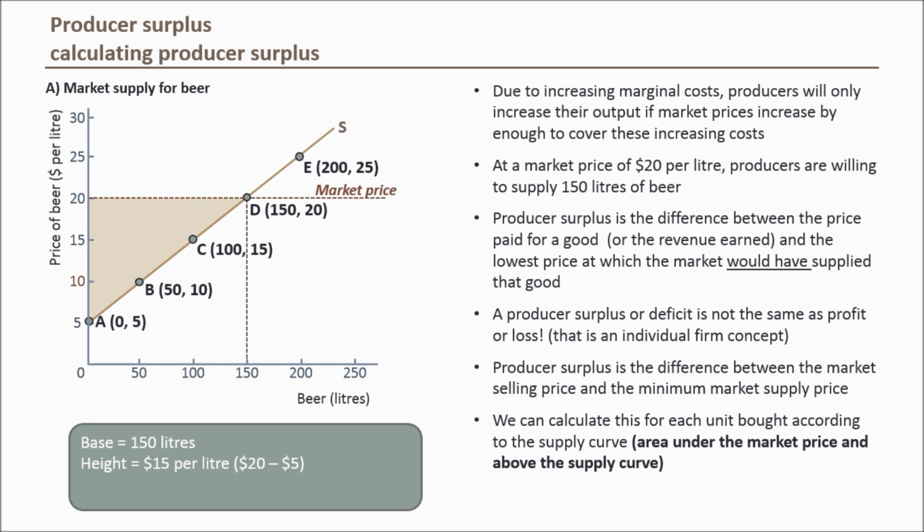And half the height of $15 per litre is $7.50 per litre, which means the area of the triangle is $7.50 per litre multiplied by 150 litres, which gives us a total area of $1,125, which represents the total market producer surplus of beer producers in the market, when the market price is equal to $20 per litre.